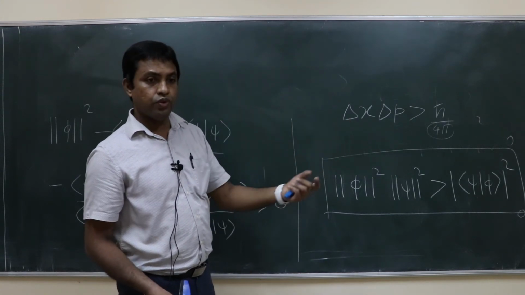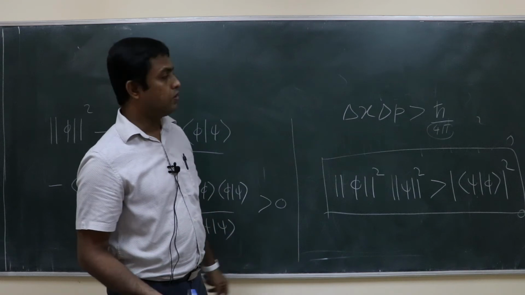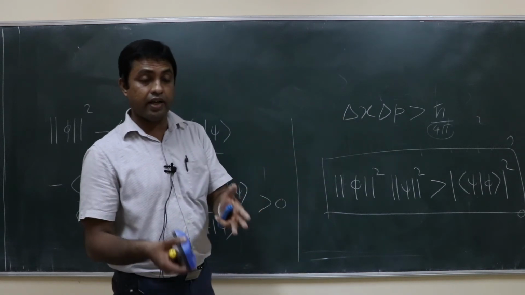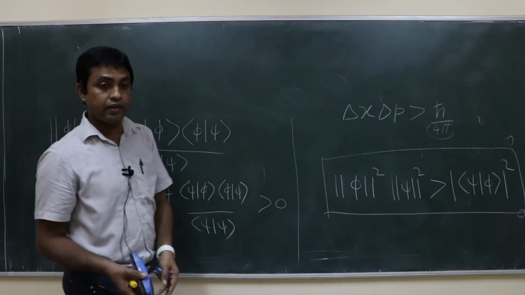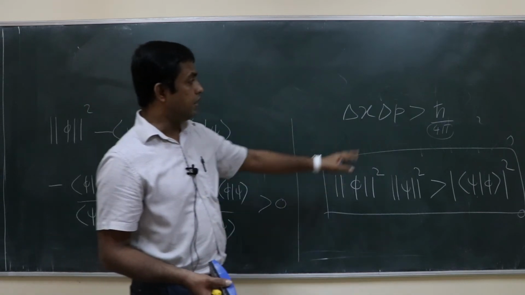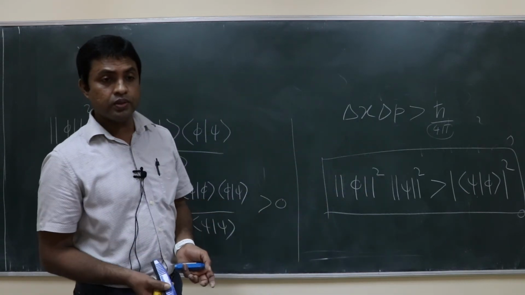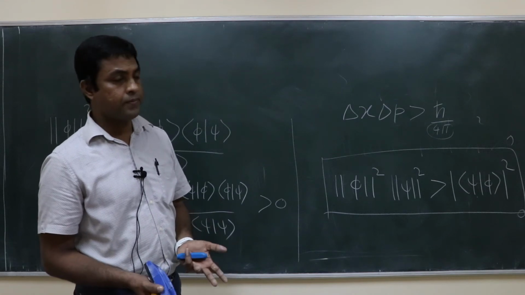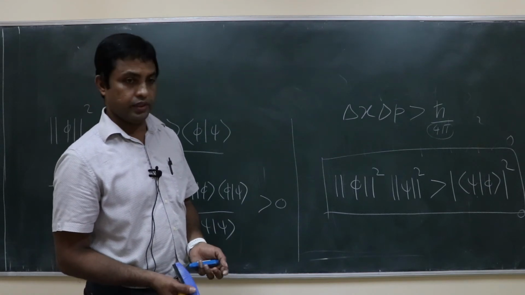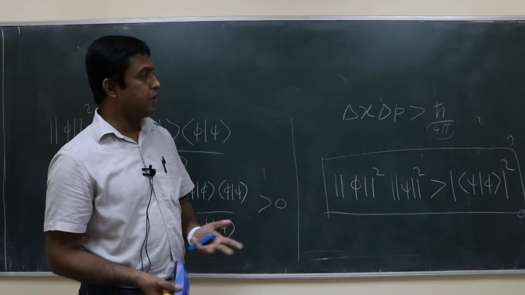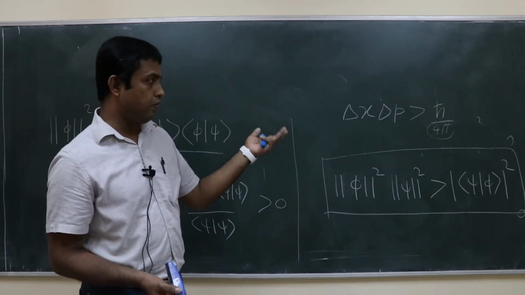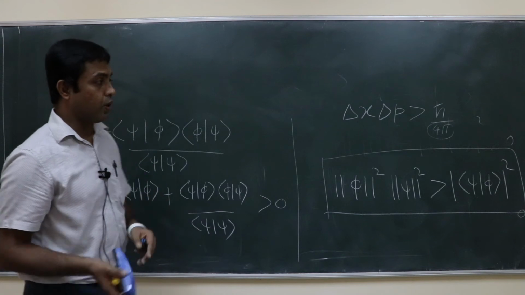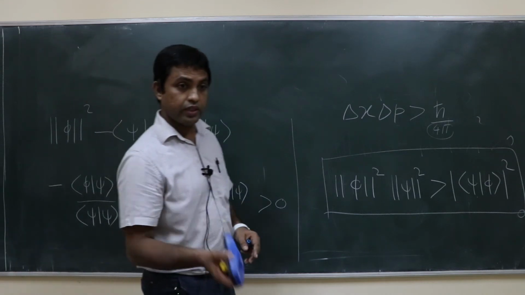The variance, if you make it 0, that means suppose you are measuring the position of a particle with infinite precision, delta p, according to this relation, will go to infinity. So this is basically the idea. Maybe we will derive this later in the course, or you will derive it in your quantum mechanics course later on for the UG students.